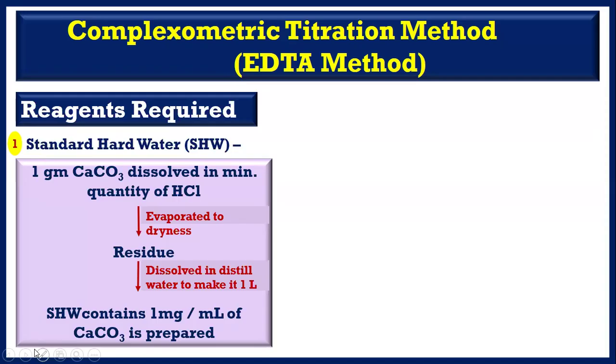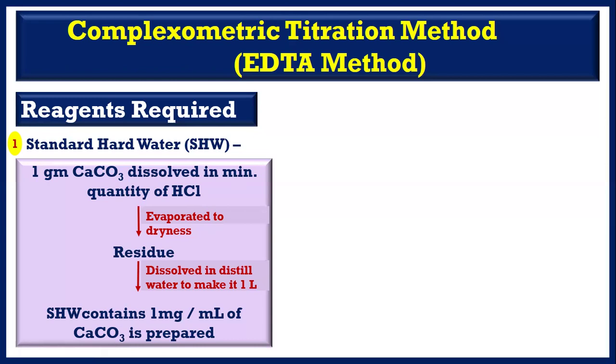That means we know the calcium carbonate concentration in the water. So for preparing the standard hard water, 1 gram of calcium carbonate is dissolved in a minimum quantity of hydrochloric acid. Why? Because we know that calcium carbonate is an insoluble salt in water.